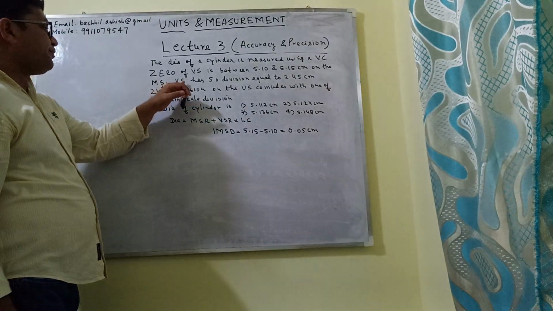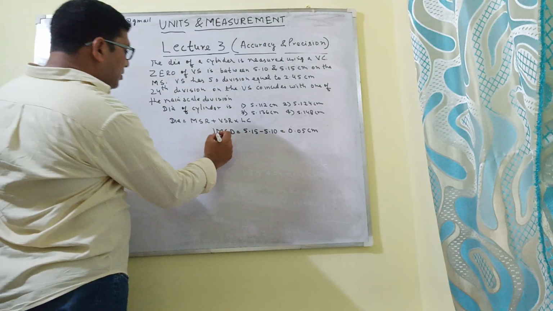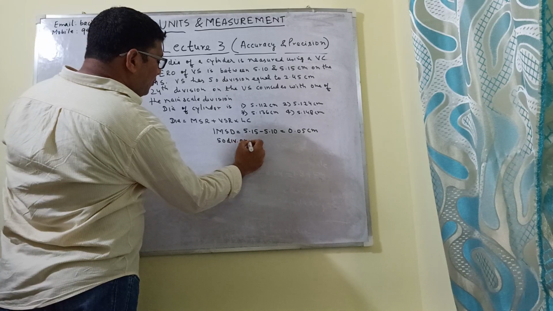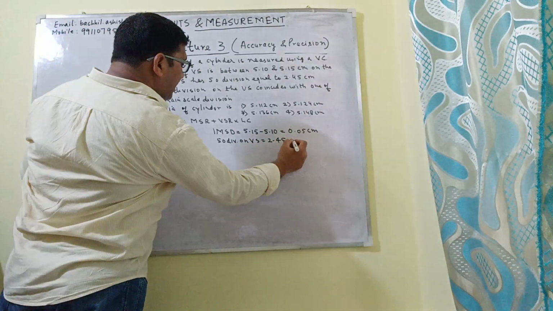अब आते हैं वर्नियर स्केल है 50 डिवीजन इक्वल टू 2.45. सो 50 डिविजन्स ऑन वर्नियर स्केल इज इक्वल टू 2.45 सेंटीमीटर. ठीक है.